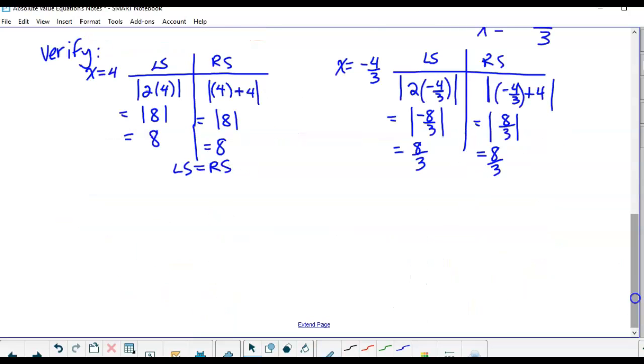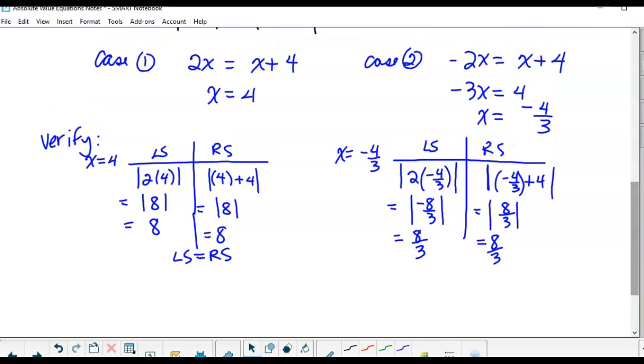Okay. So your solutions again, summarize: 4 and negative 4/3, or negative 4/3 and 4.